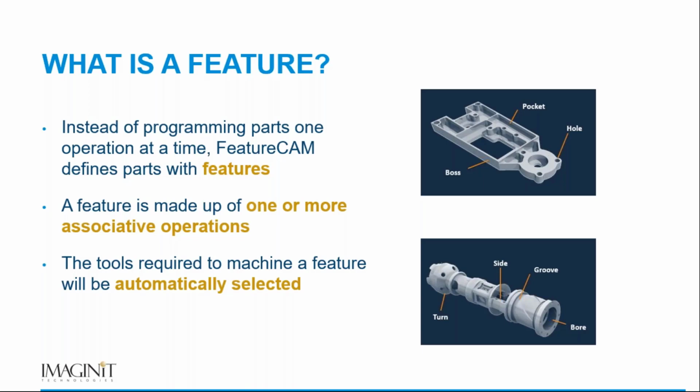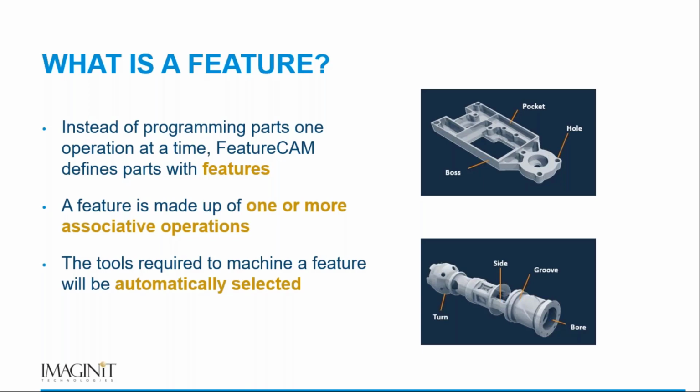Whether it's a pocket or a side feature or a hole or a bore, it's going to recognize all those features at once and take from your tool library the best methods and best tools for creating those operations automatically. So that's what a feature is.